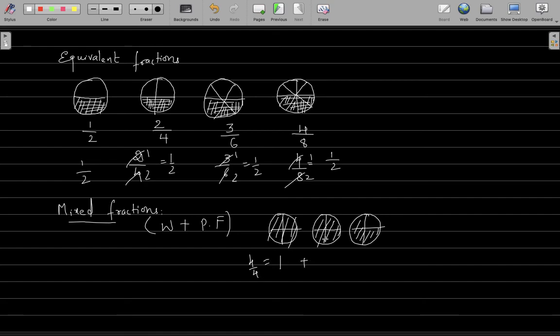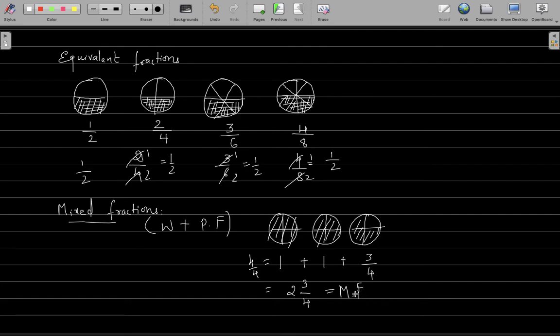This also I am taking as a whole. This I am considering 3 parts of the 4 parts, isn't it? So this will give you 1 plus 1, which is 2, and this is 3 by 4. So together I will write it as 2 3 by 4. This is called a mixed fraction.